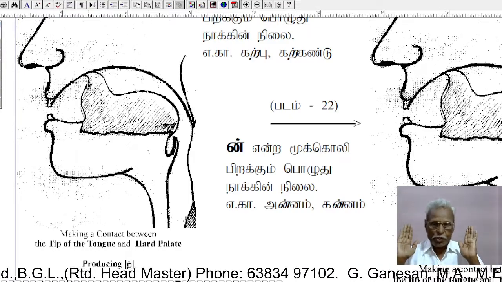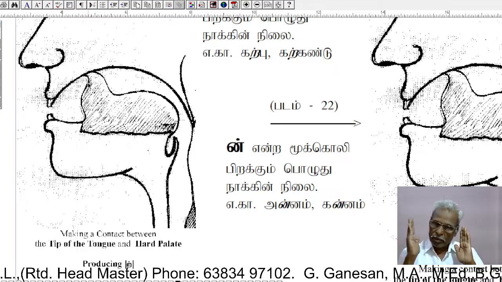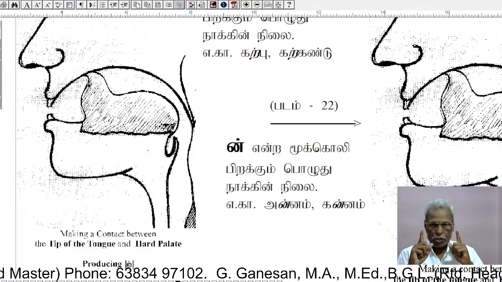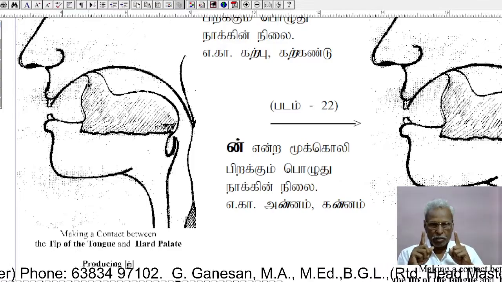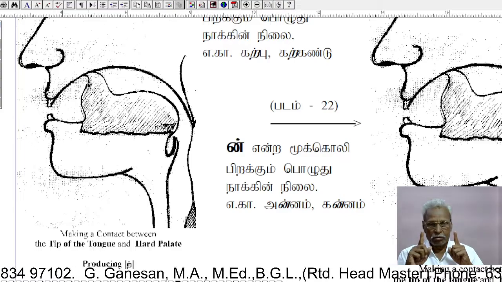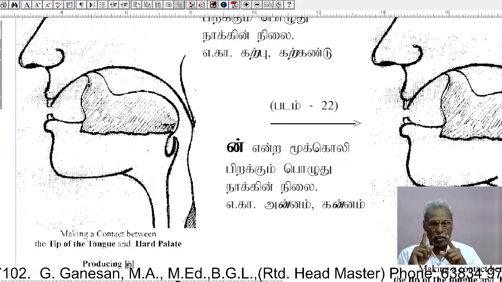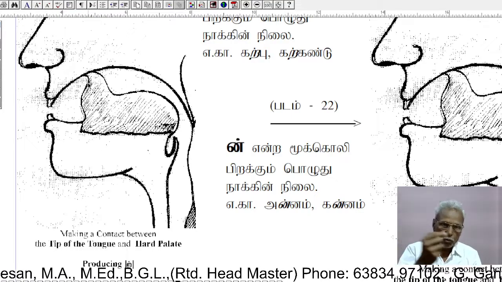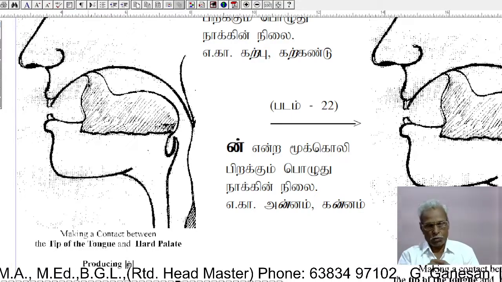I have already explained in the last class that if a phoneme is produced by the mouth, the air in the mouth should be sent out either through the mouth or through the nose.